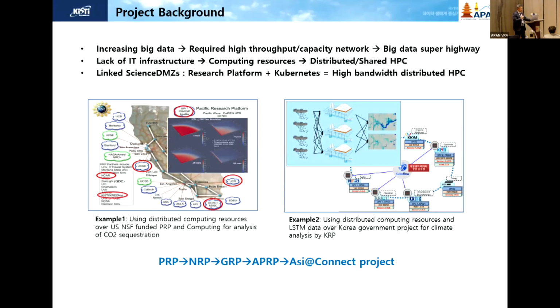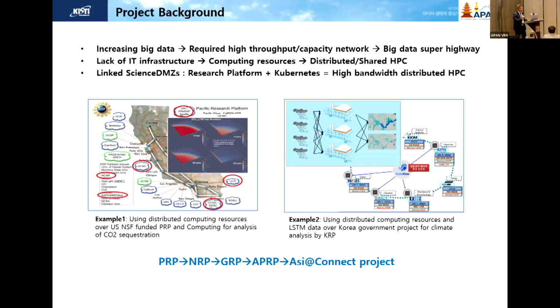The next two pictures are the big motivation for this project. Figure one shows the distributed computing resources integrated through the PRP infrastructure and the scientific result about analysis of CO2 using distributed computing. It means that a specific research can drive research results without possessing high performance computing.